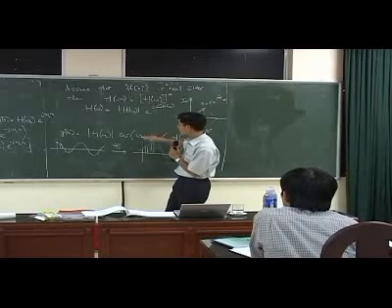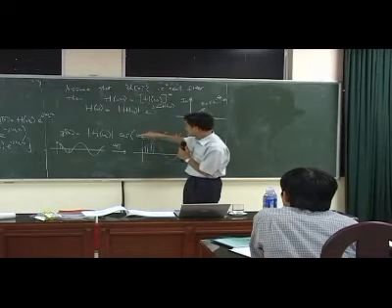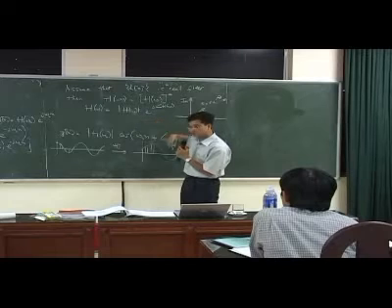I want, for example, all the omega naught within a certain range to get through.